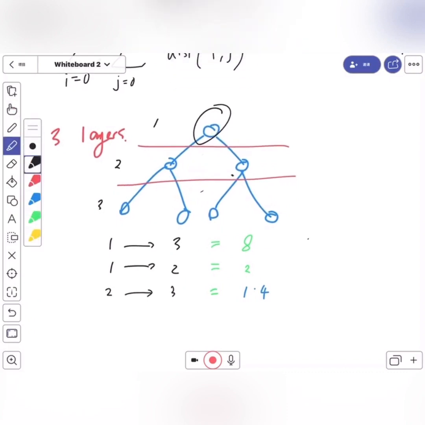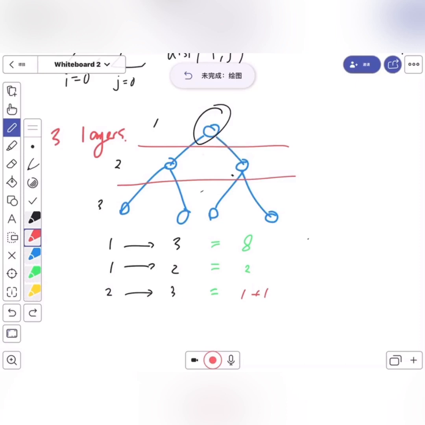We actually just have 1 to go here and 1 to go here. But now we also have to consider when they go to this direction. So it'll just be plus 3 times 2.